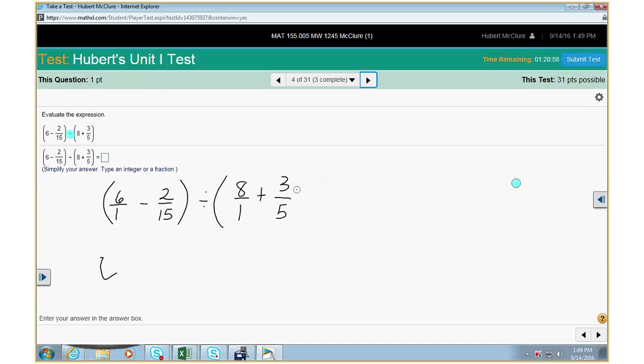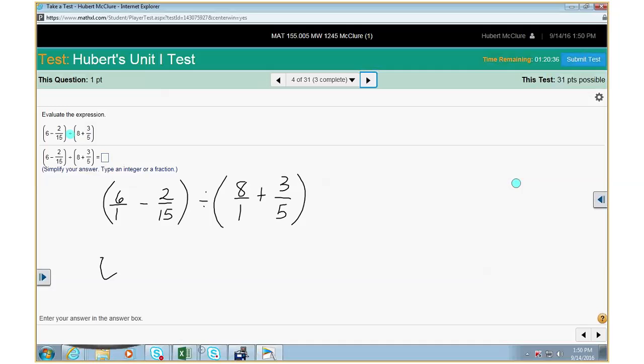Now there's something else I'm going to tell you. You can do this problem 4 or 5 different ways. I'm going to tell you how to do it the easiest way and the most basic way. One, you make everything a fraction. Two, do you get 2 common denominators or do you get 1?